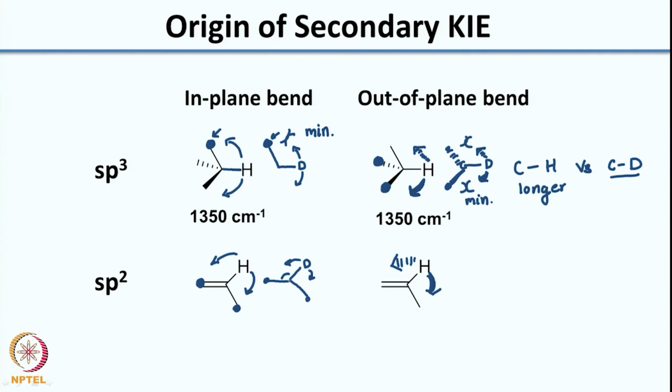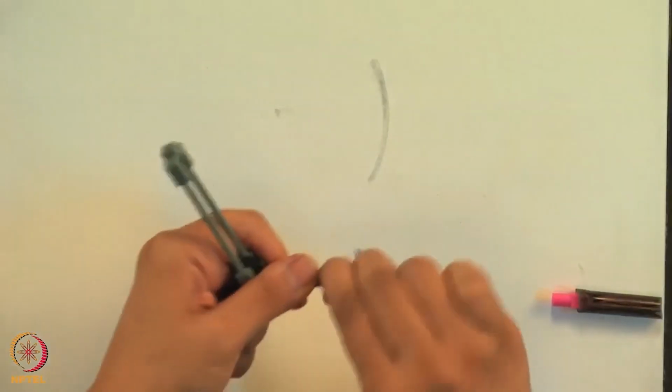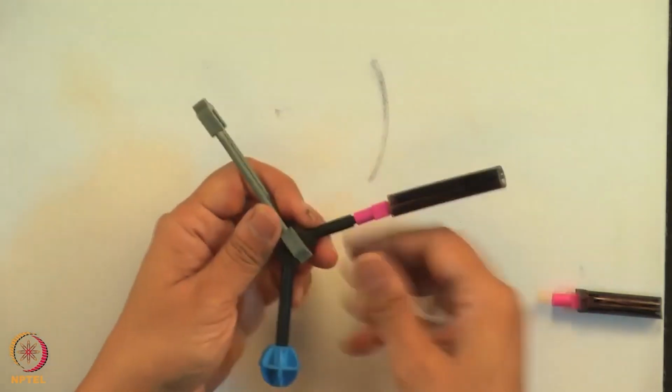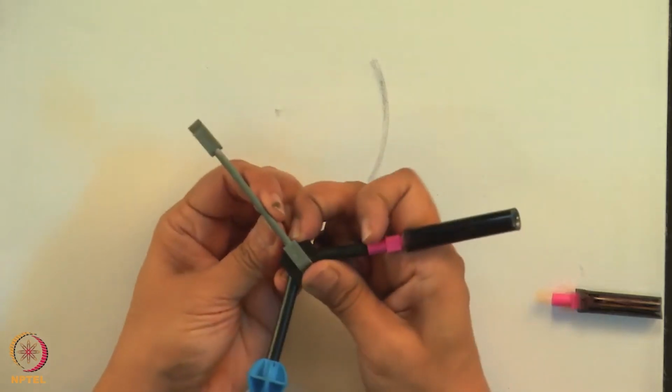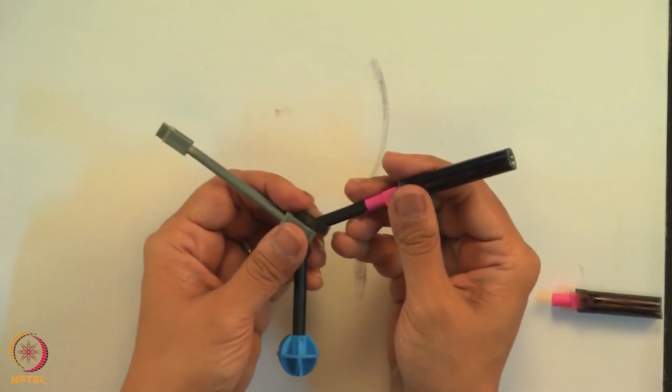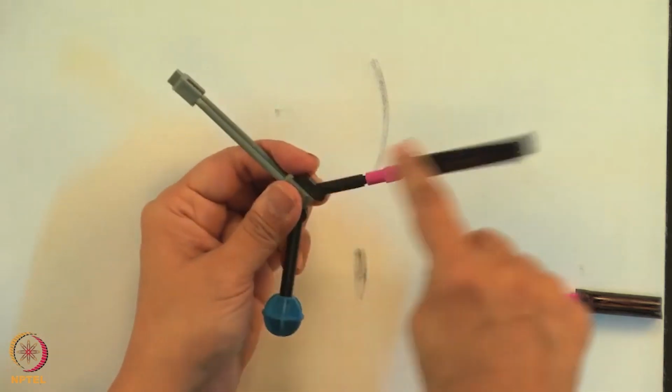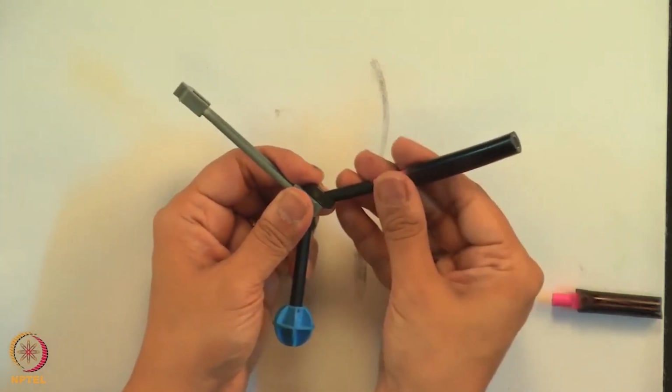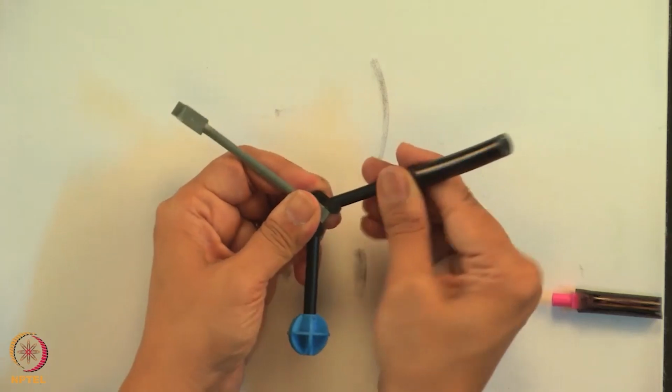So in this case you have the CD bonds again interacting with both these atoms. So here again let us look at the out of plane bend. So in the out of plane bend, this is the plane of the molecule. So you have the bond move up and down.